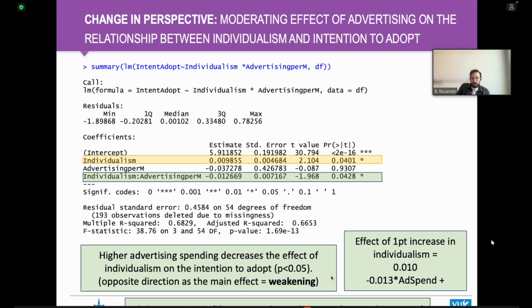And we said this is weakening, and here is a note that this is likely antagonistic. And in the case of metric variables, being antagonistic or buffering really depends on the range of the moderating variable. If in your data or in your context, the level of the moderation can actually flip the sign of the main effect, then you can say that this is an antagonistic effect.